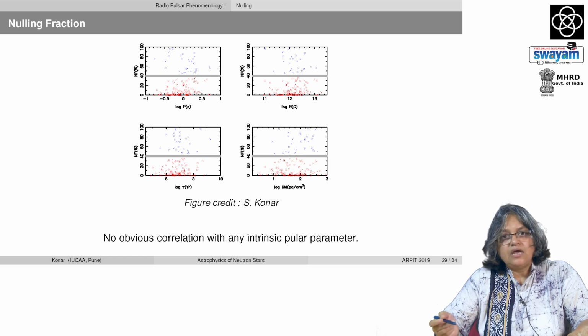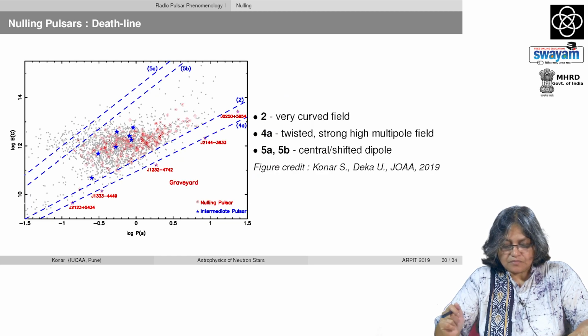As can be seen, there is no obvious correlation with any of these quantities, except that, note this gray band, there seems to be a sort of break in that band around 40%. But as I have said, the observations on nulling pulsars are few, and maybe with better observation this tiny band would disappear, and there may not be any intrinsic physics associated with this band.